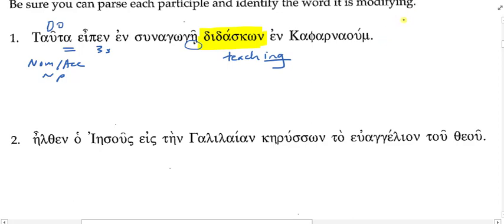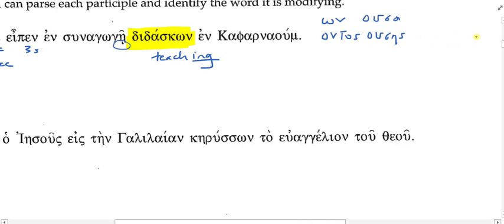The endings are, oops, we don't want the omicron there. It's own and ontos for masculine, usa, uses for feminine. What's the neuter? On with an omicron nu, and the genitive's the same, ontos, okay?